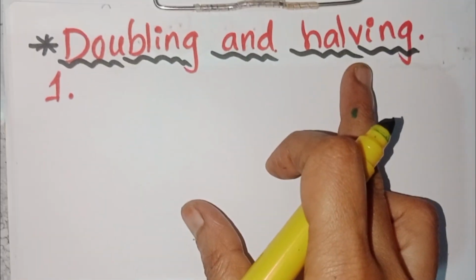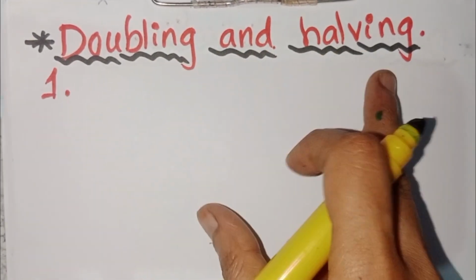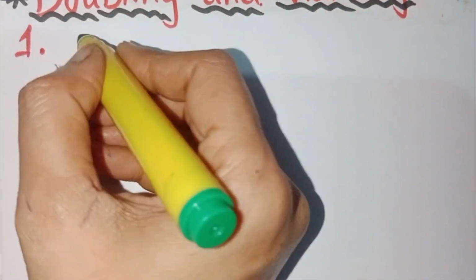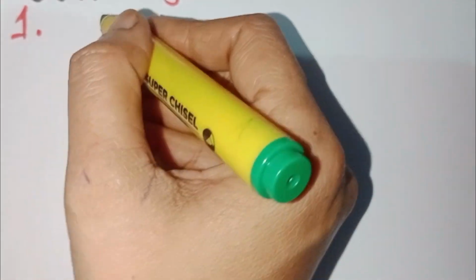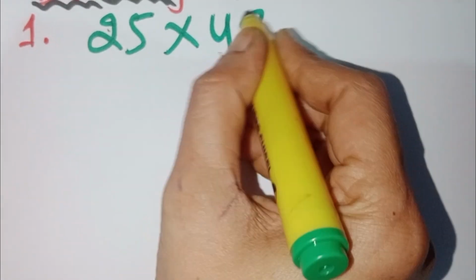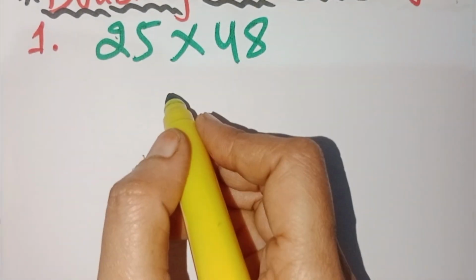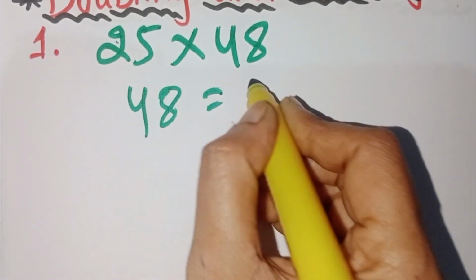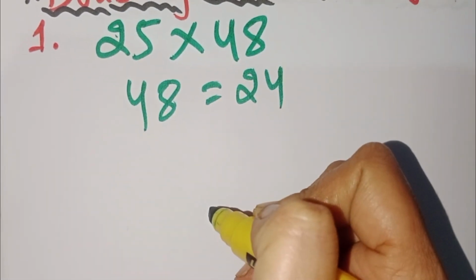Doubling and halving trick. Let's try an example. 25 into 48. Half of 48 is 24.